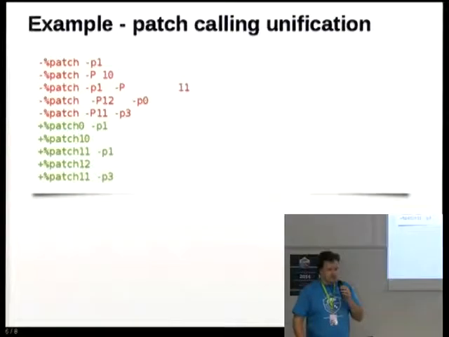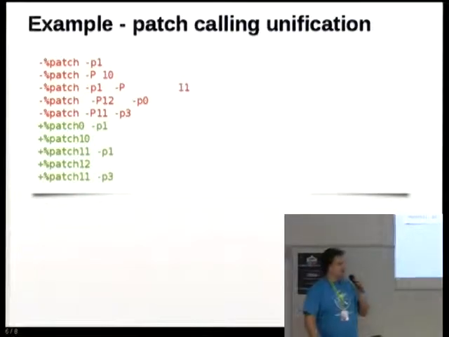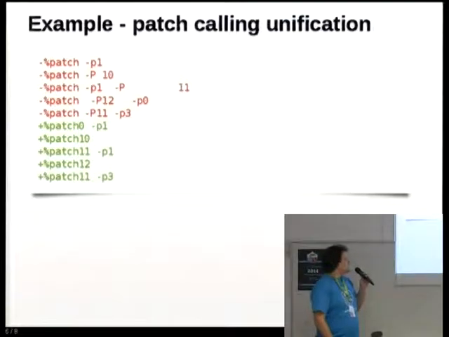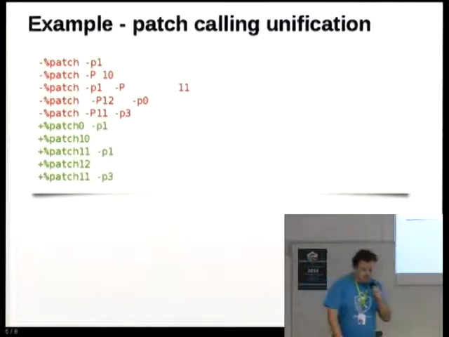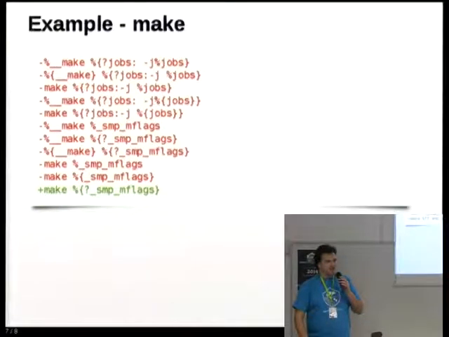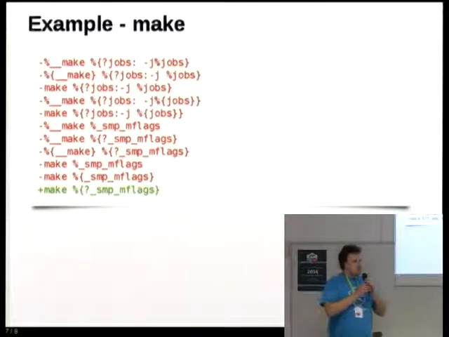Another example, you can specify patches multiple ways. It also cleans this up. Here's another really creative example. There are really multiple ways how to specify parallel builds. You can use a make macro.